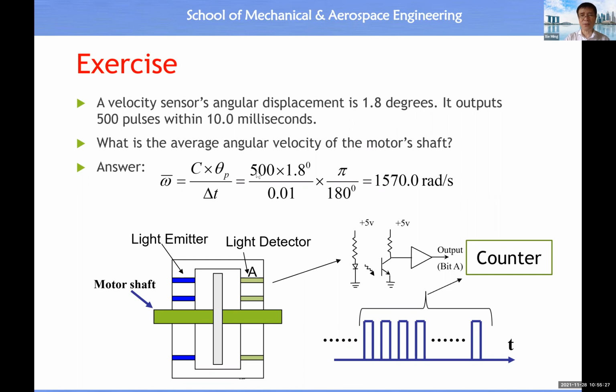Each pulse corresponds to 1.8 degrees, and the duration is 10 milliseconds. So you convert to seconds, 0.01. So this is the degree. If you convert it into radians, you must multiply by pi divided by 180 degrees. Then you get this answer. Okay. So the average velocity is 1,570 radians per second. Okay, so it is a very fast rotation.